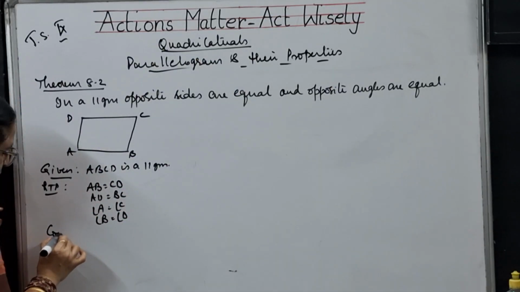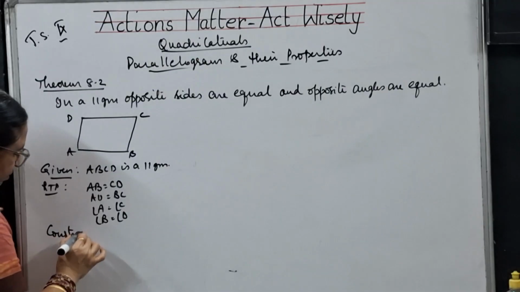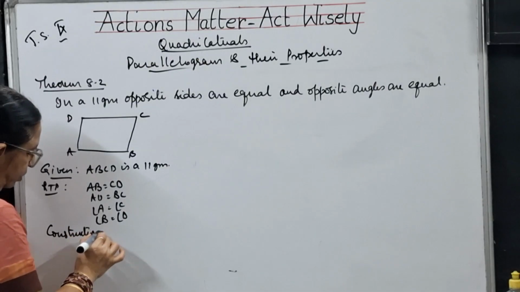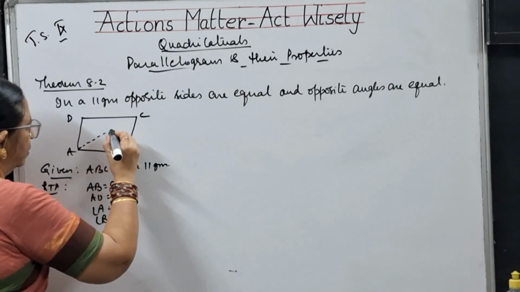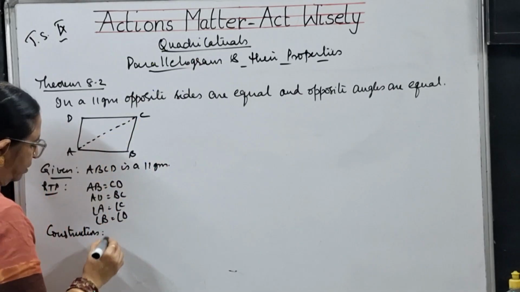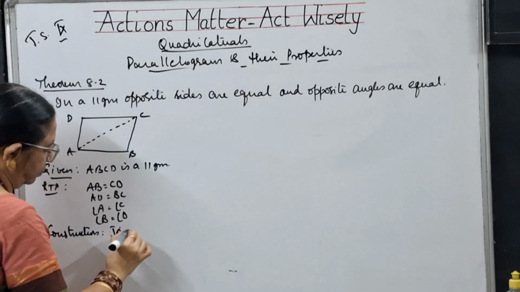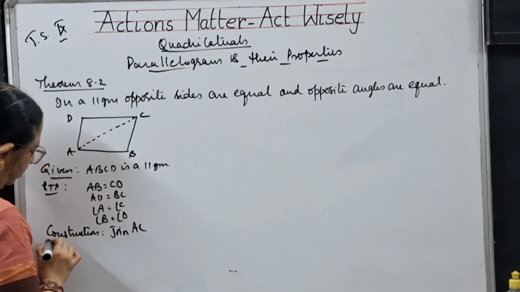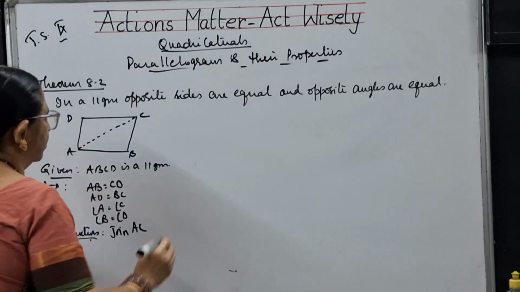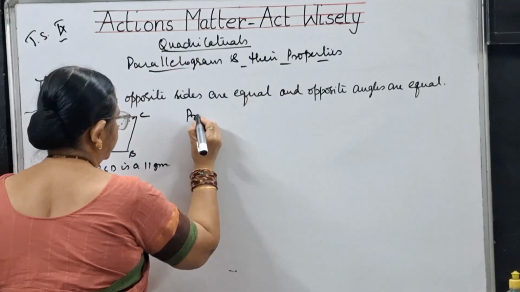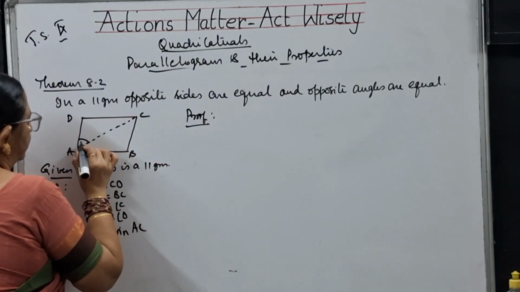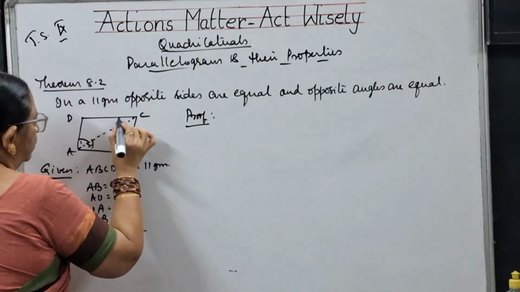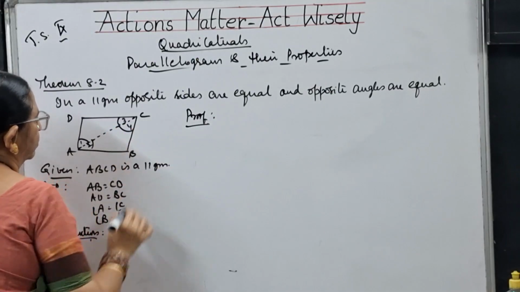Here we have a construction, children. What is the construction? You have to join A and C. Join AC. Now, let me talk about proof. Now, this AC divides it into angle 1, angle 2, angle 3, angle 4.